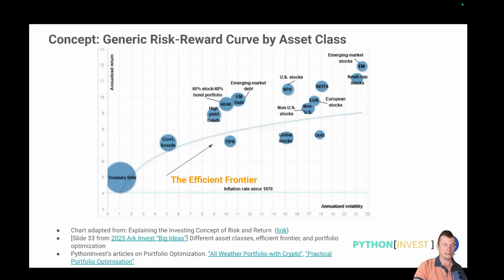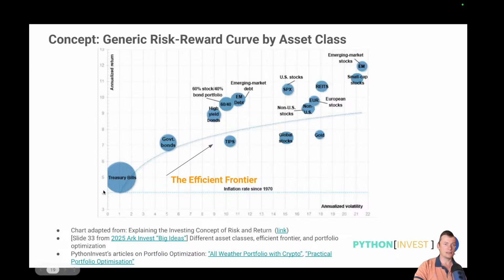Continuing the previous slide, there can be different asset classes like US stocks, emerging market stocks, commodities, gold, or bonds, and all these classes have some expected annualized return.